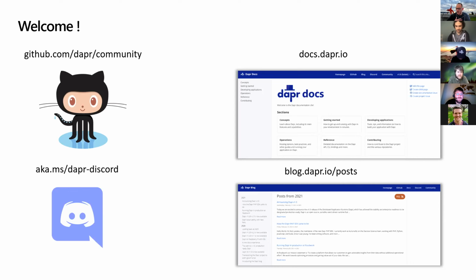But I myself, I'm Ori. I joined Dapper around 0.5, so this was last March, almost a year ago. I'm maintaining the docs together with Aaron, also looking after the blog and the website, and also maintainer on the samples and quick starts.